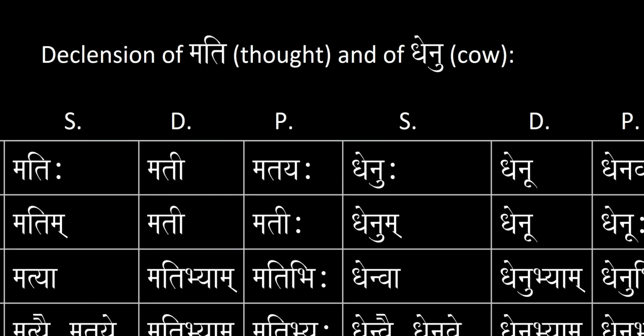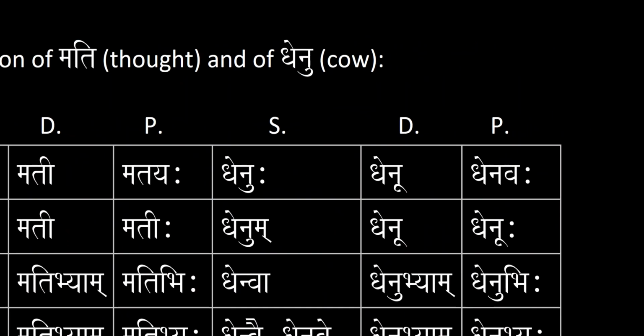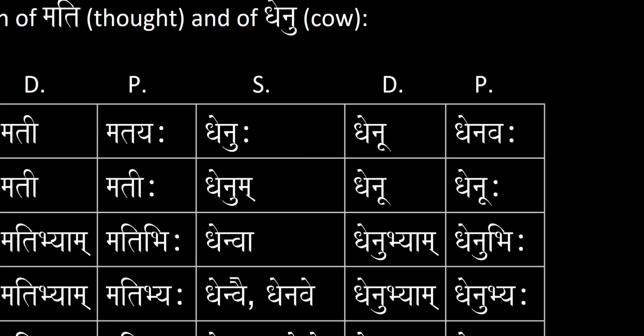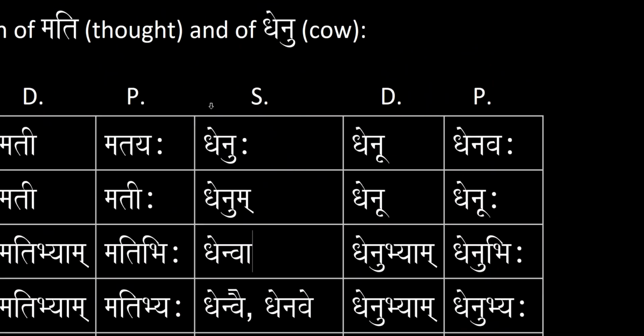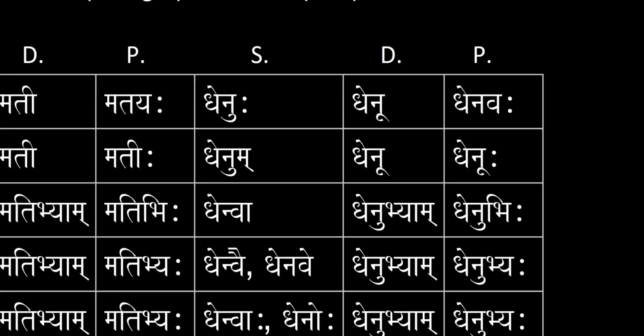Now for the feminine nouns that end in u. Again, you want to remove the u for dhenu. Dhenu is cow. You would want to remove the u, and then you want to see what is added to it. So for example, for instrumental plural, we have ubhihi, so you would add the u vowel sign and bhihi at the end.